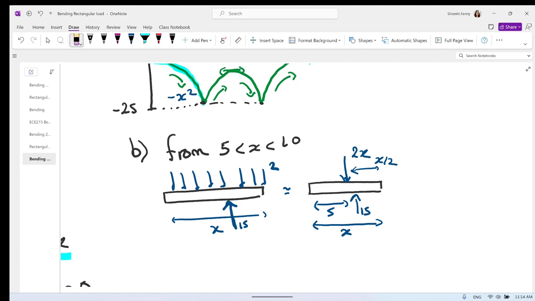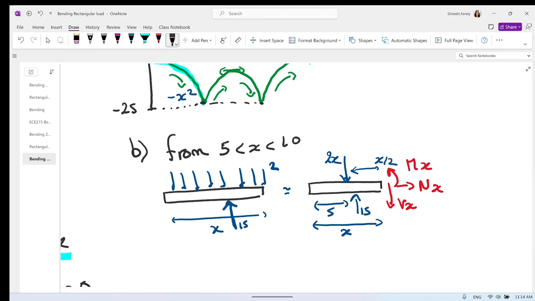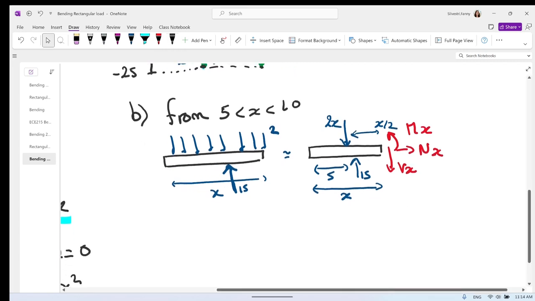Okay, let me try to put that on that side. Okay, and we have Vx down, Nx to the right, Vx up, Mx. So let's do our equation.